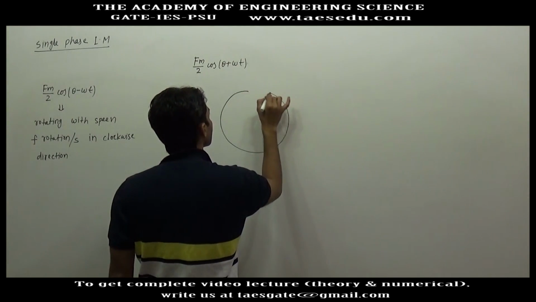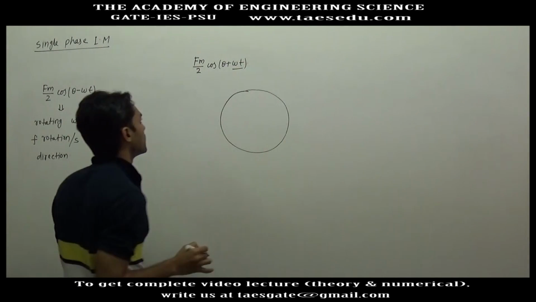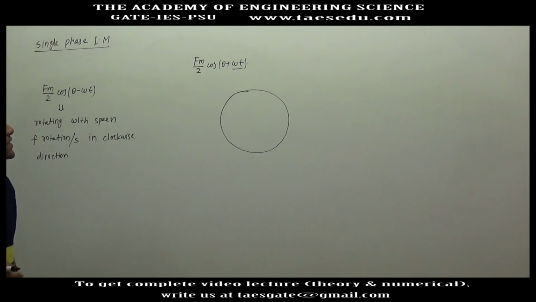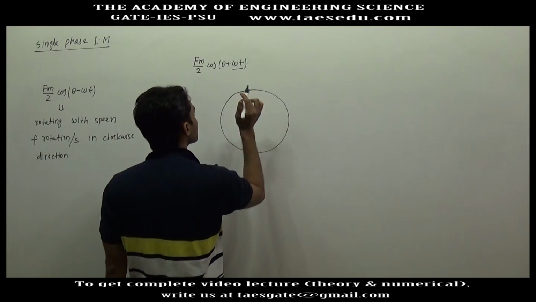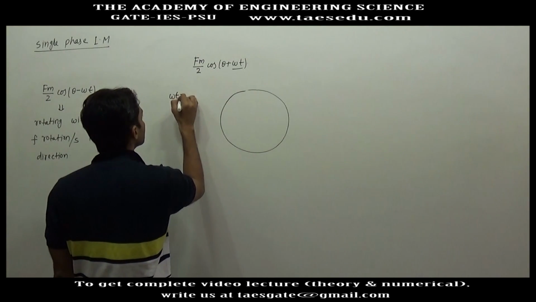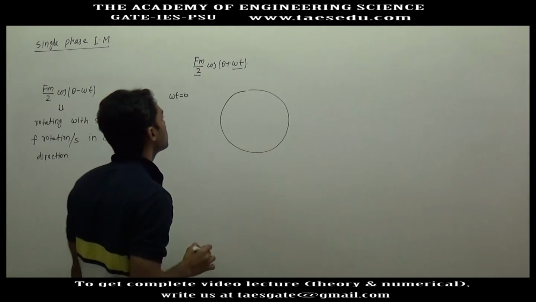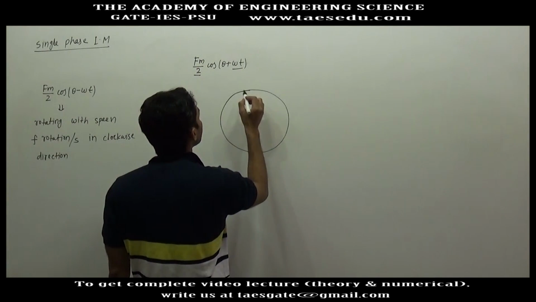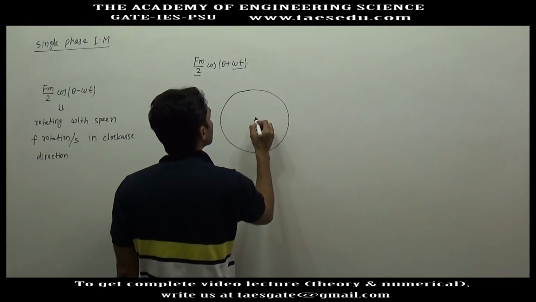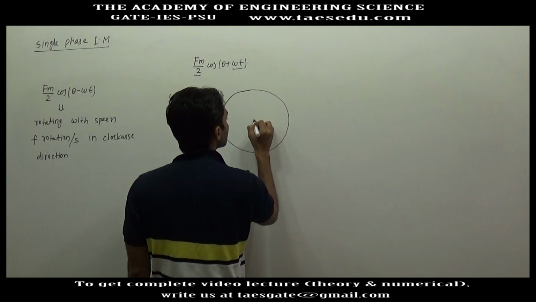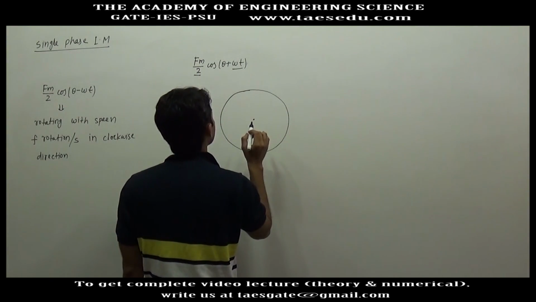So in the same way, for different values of omega t, we will try to find out the direction of the maximum magnetic field. So for omega t equal to 0, this Fm by 2 will be in the direction theta equal to 0 degree.